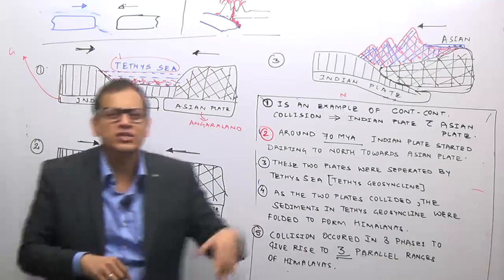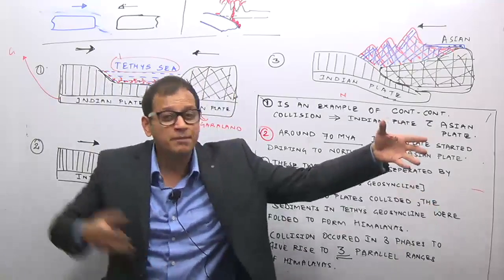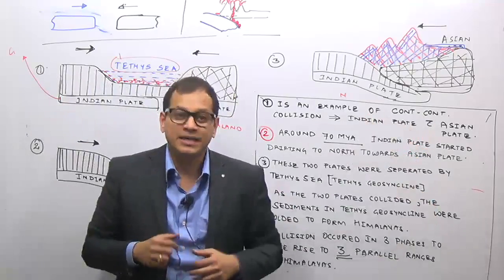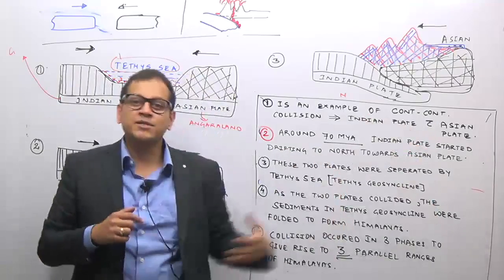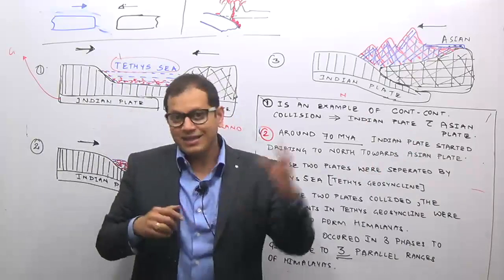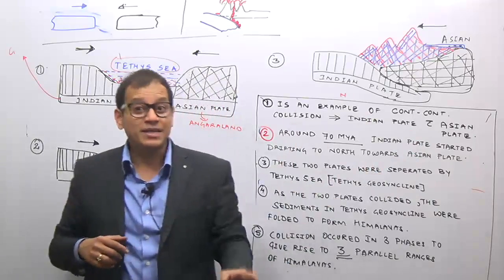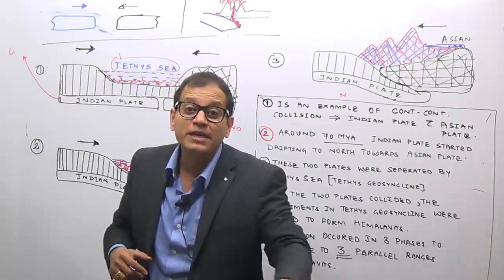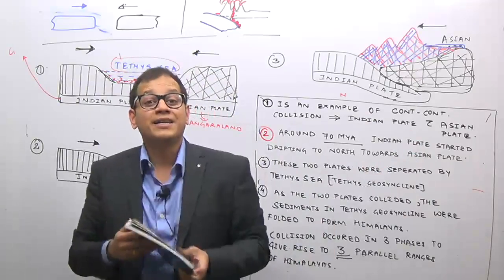An example is the Rockies Mountain, Pacific plate with the North American plate. Another example is the Andes Mountain, Nazca plate with the South American plate. Nazca plate is an oceanic plate and the South American plate is a continental plate.